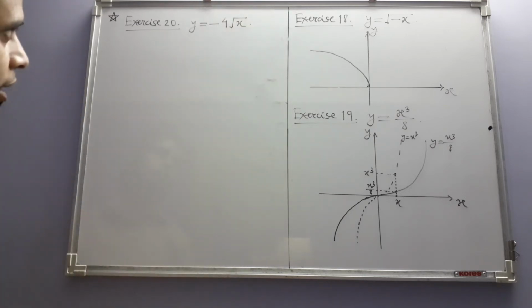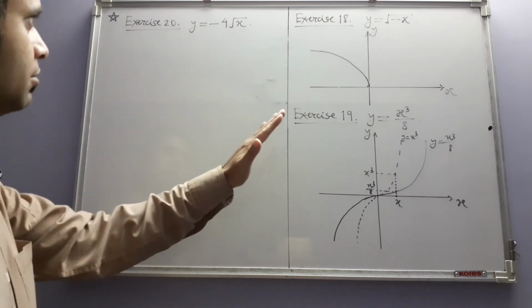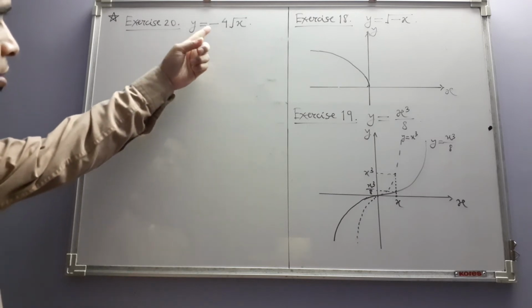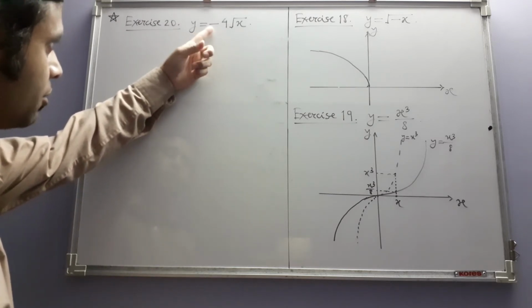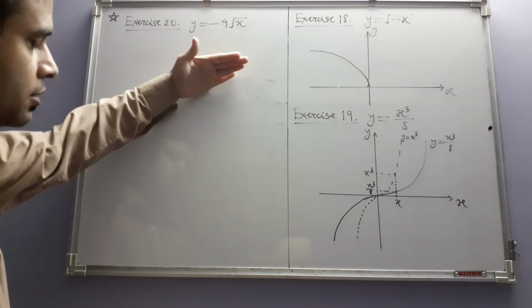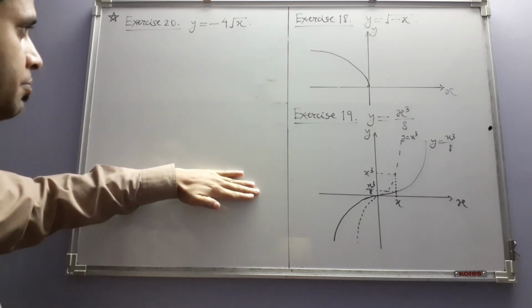Okay, so because we have root x, only non-negative values of x are allowed. So the graph will lie to the right of the y-axis. But because of the negative sign, all these values are non-positive, so the graph will lie below the x-axis at the same time.